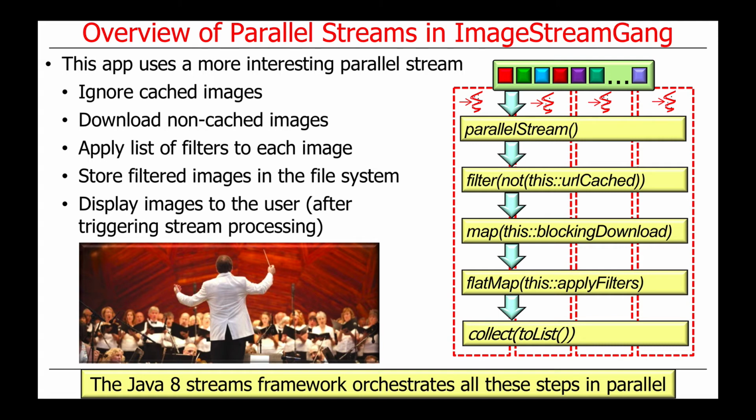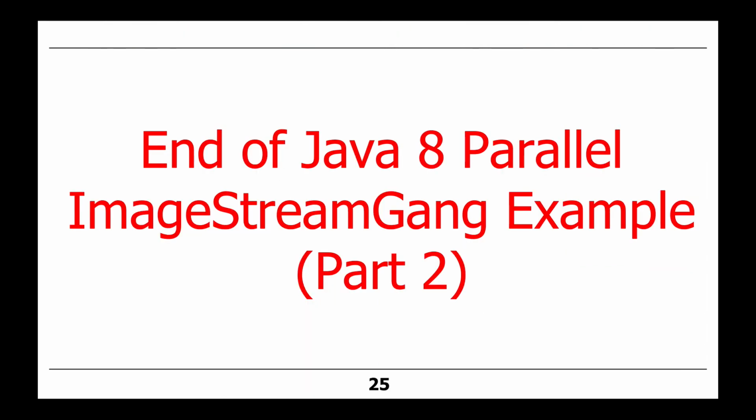And all you have to do is concentrate on the behaviors that transform the list of URLs into the downloaded, filtered, and stored images, which will finally be displayed after all the processing takes place. So that's an overview of the visualization of our program. And what we'll do next is show how the Parallel Streams implementation of ImageStreamGang is actually realized in Java 8 code.